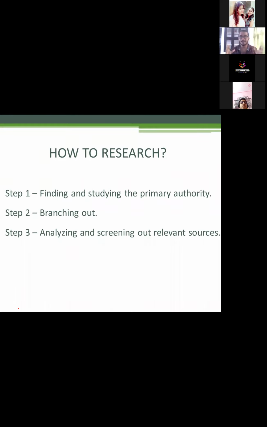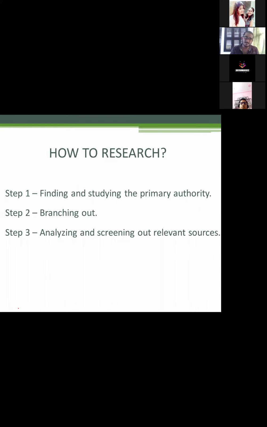That is what branching out is about. You start from a specific primary authority, you start researching on that, and that primary authority will give you the idea on where you can do your extra research. So you branch out, you find all these case laws, and you are going very wide.